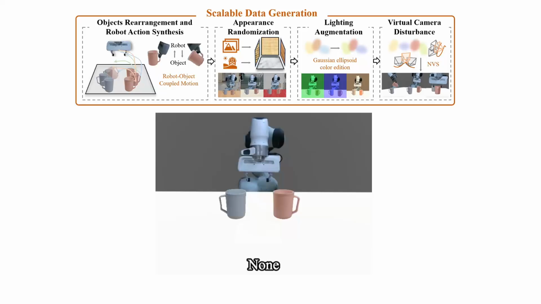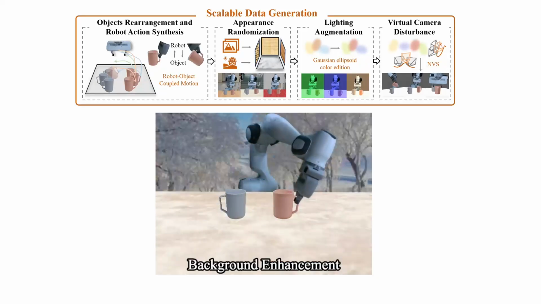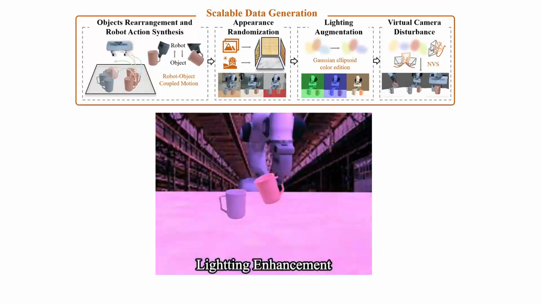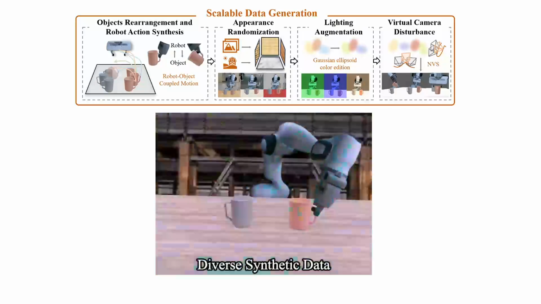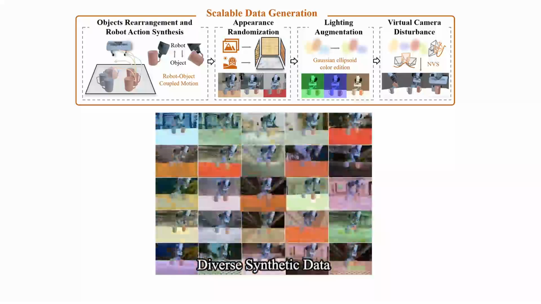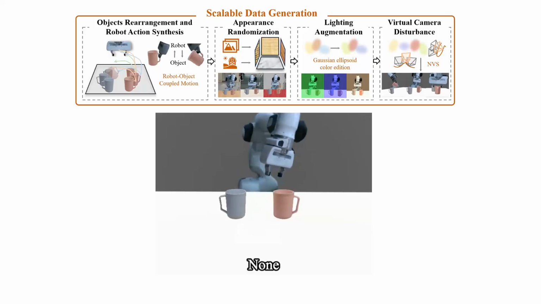We also apply comprehensive augmentations. Object pose, texture, background, lighting, and camera view are fully randomized, with per-frame augmentation to maximize data diversity. 3D GS enables fast and photorealistic rendering without artifacts like penetration or slipping in traditional simulators.